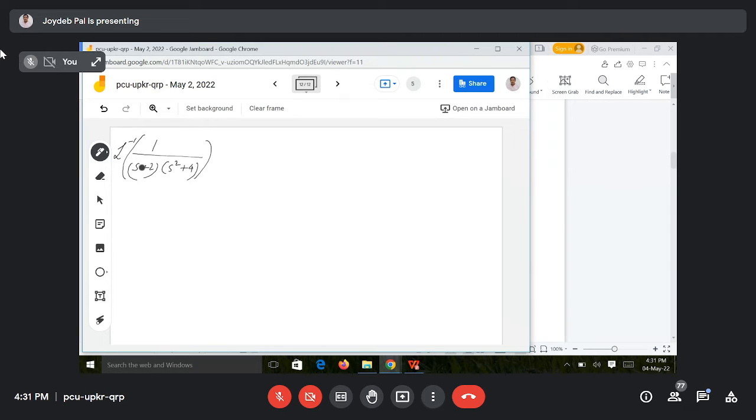We solved this type of problems by partial fraction. We assumed that 1 by s plus 2 into s square plus 4 is equal to A divided by s plus 2 plus Bs plus C divided by s square plus 4. Then we found the values of A, B and C.